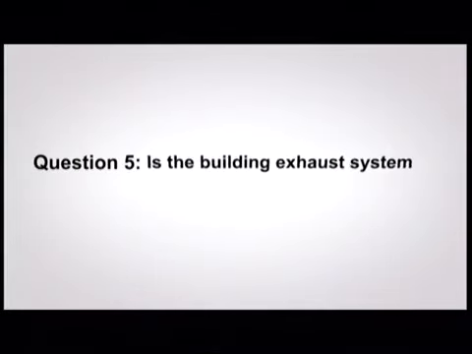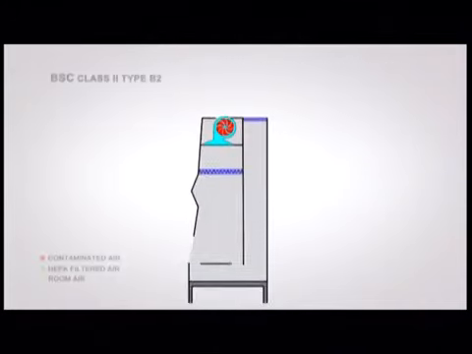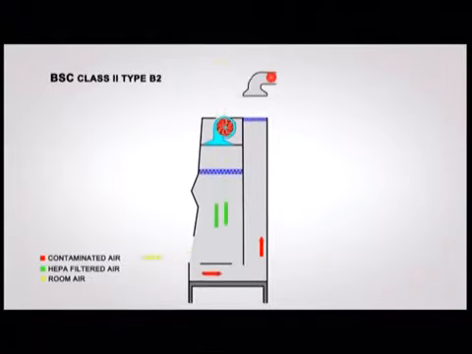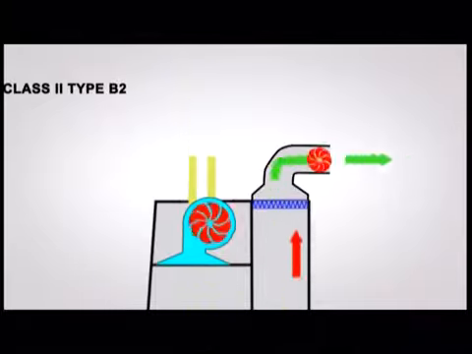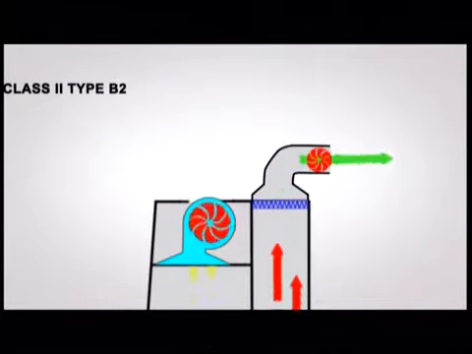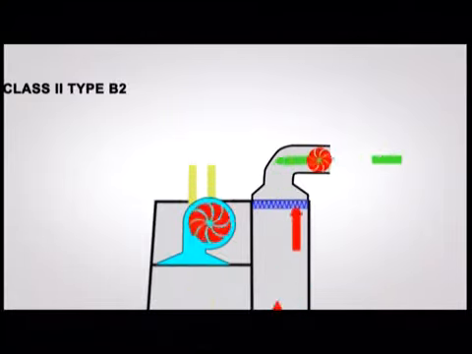The final question to ask, question 5, is the building exhaust system suitable for the BSC installation? If the BSC requires connecting to a hard duct, you must ensure that your facility exhaust system is compatible with the BSC interlock system in the event that there is a low exhaust flow or an exhaust system failure.